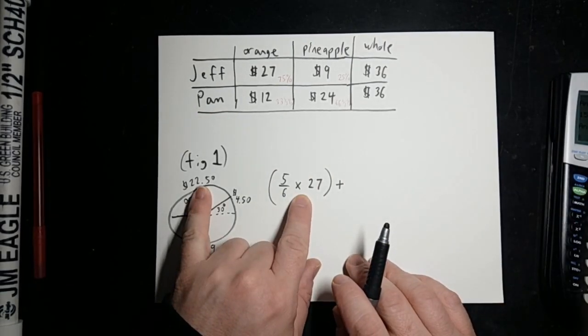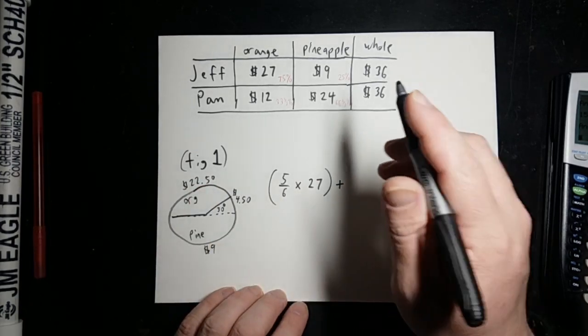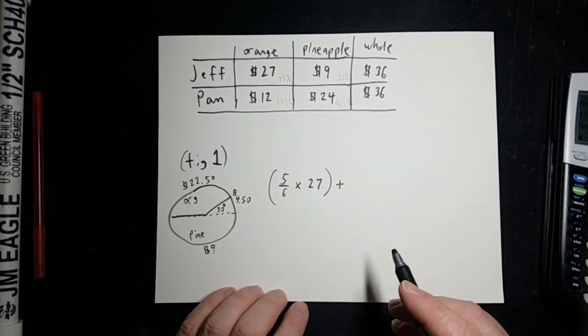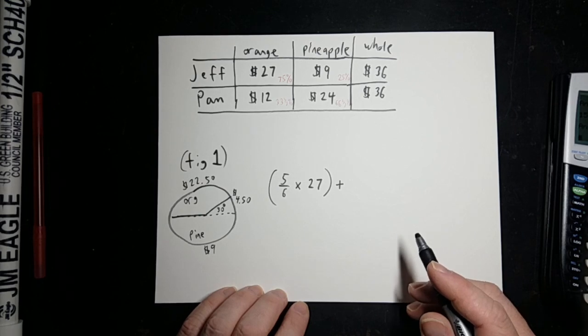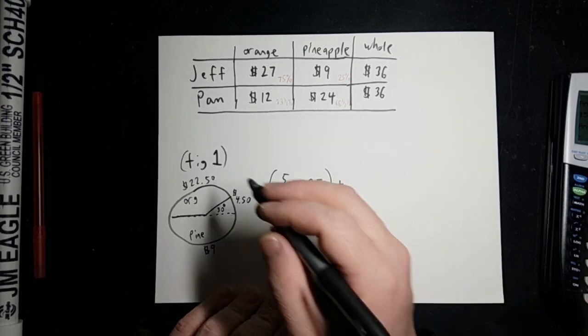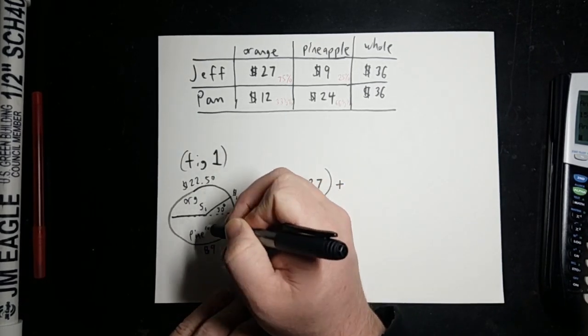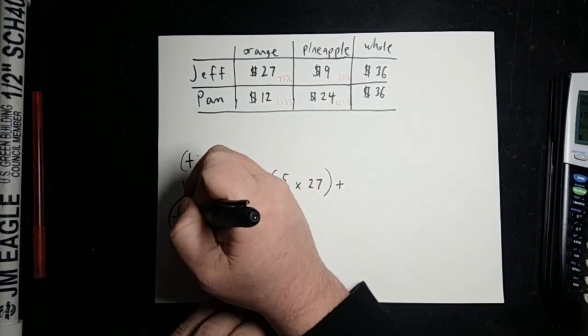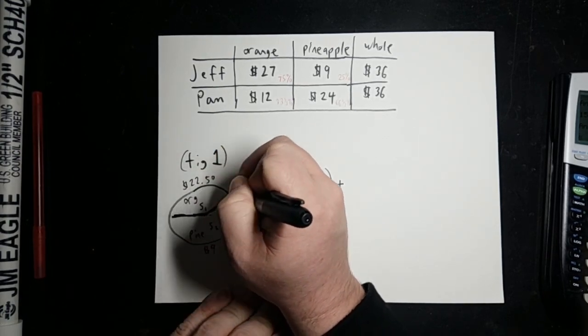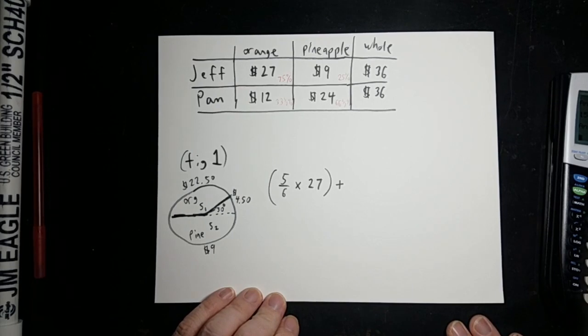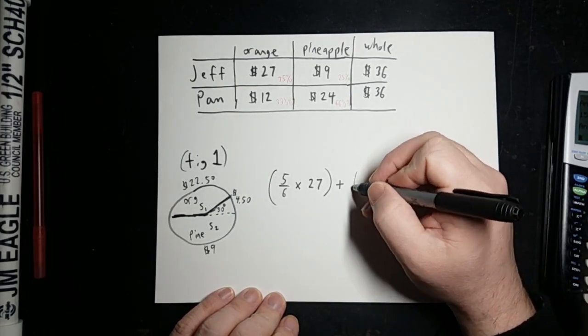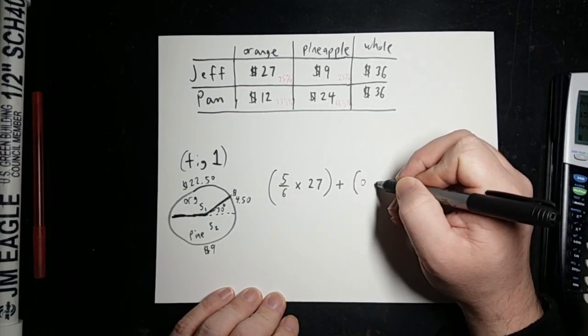Plus the amount of pineapple in slice 1. Well, there is no pineapple in slice 1. This would be slice 1, this would be slice 2. This bolded line is the cut that was made. In slice 2, there is no pineapple in slice 2.